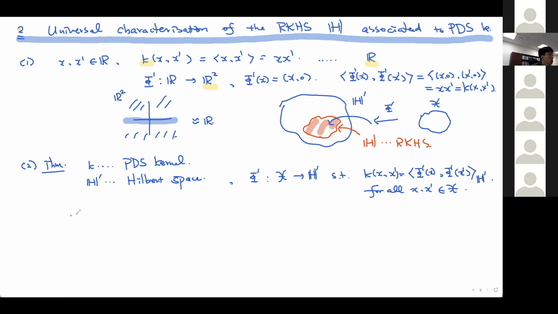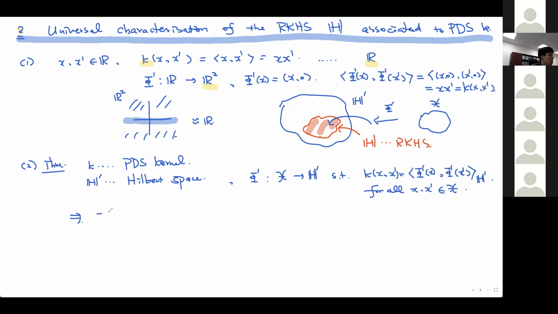So then the conclusion of the theorem is saying that if there is an H prime like this, which can be used to encode this kernel, then this H prime should contain the RKHS. And then the RKHS should be the place where all this encoding of the kernel happens. Okay, so that's what this tells us.